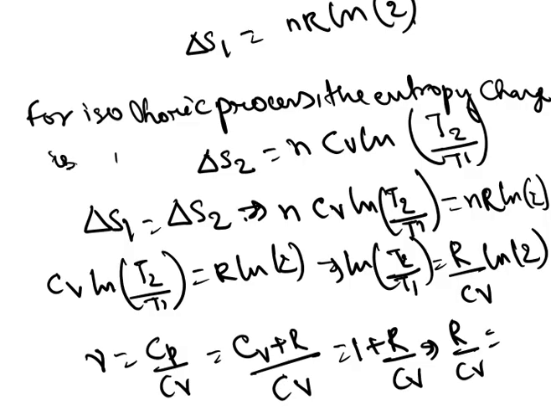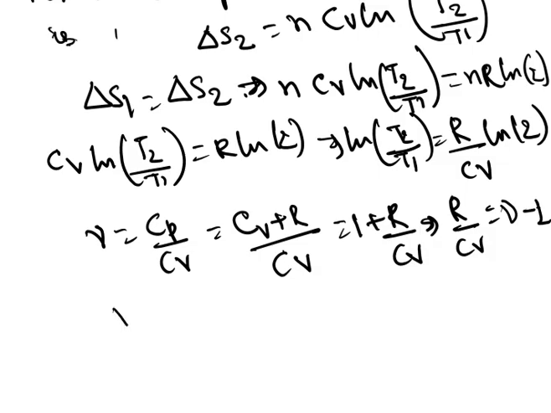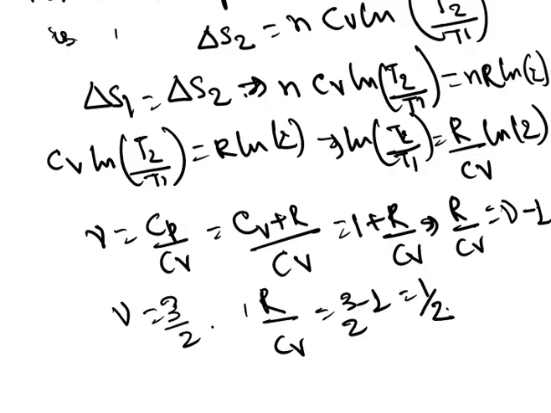So it will be gamma minus 1. So we'll substitute gamma equal to 3 by 2. So we have R by Cv equal to 3 by 2 minus 1 equal to half.